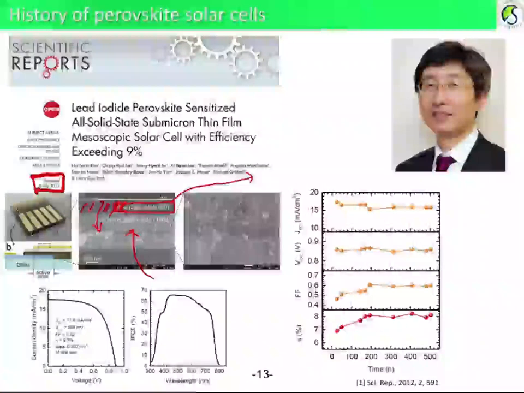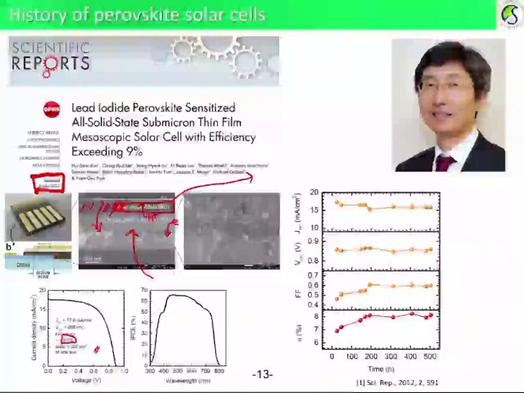So in this structure, electron is transported through the titanium dioxide, whereas the hole is transported through the hole transporting spiro-OMeTAD. And you can see that under one-sun illumination, they achieved an efficiency as high as 9.7%.